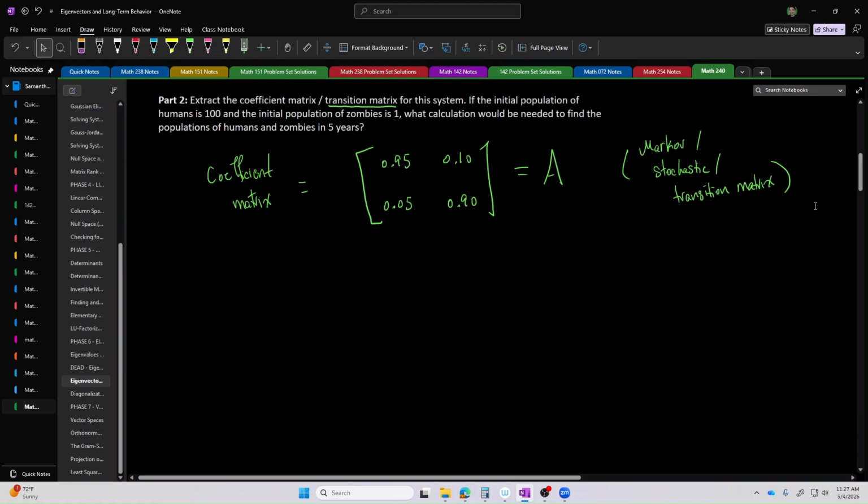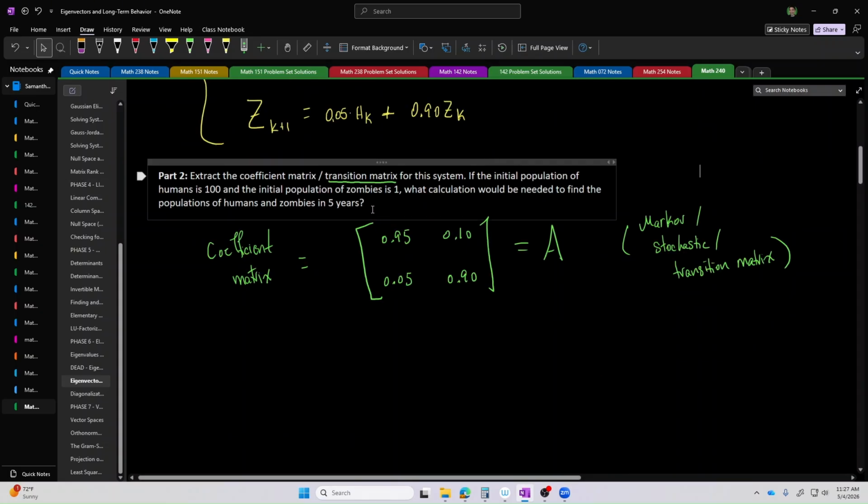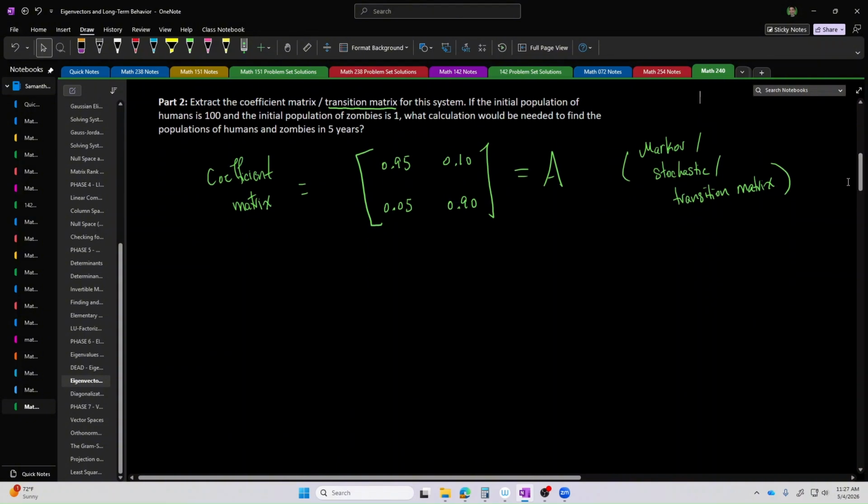So now let's suppose that we have an initial population of humans, let's say around 100, and an initial population of zombies. Let's just say that there's a single zombie. If these are the initial populations, what calculations would need to be performed to figure out how the populations had evolved in 5 years' time?